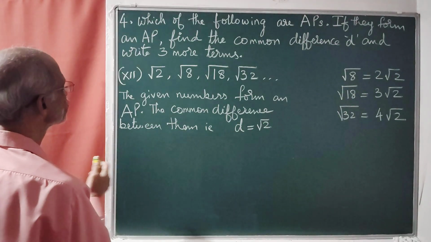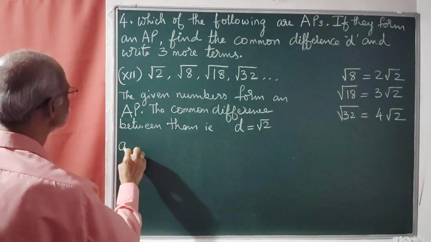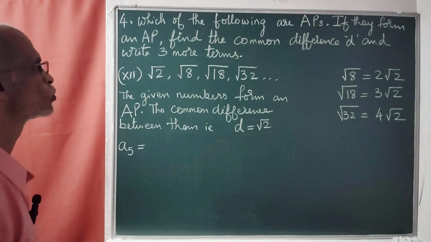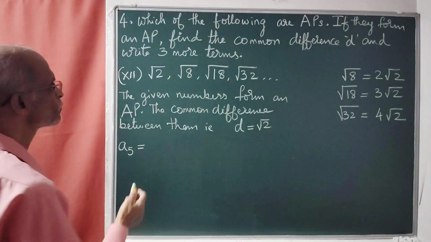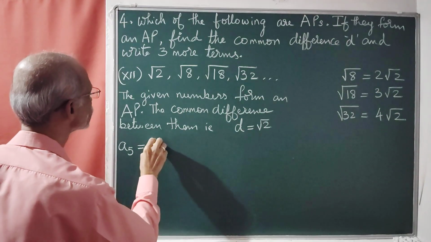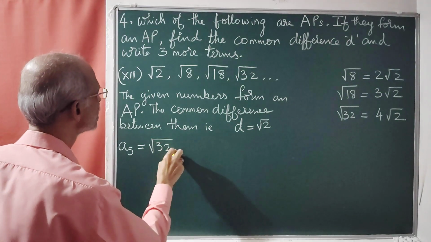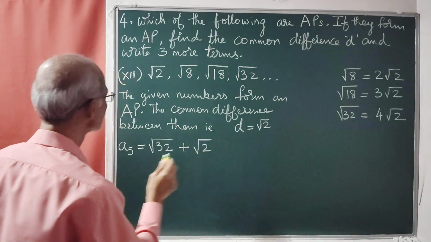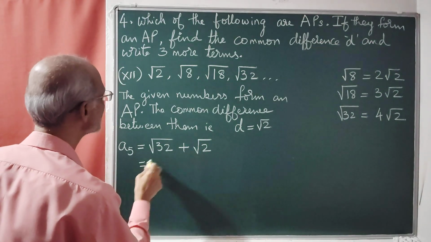So we need to find a5. To get a5, what we should do? We should add d to a4. So what is a5? a4 is root 32. And what is d? Root 2. Now how to add them?